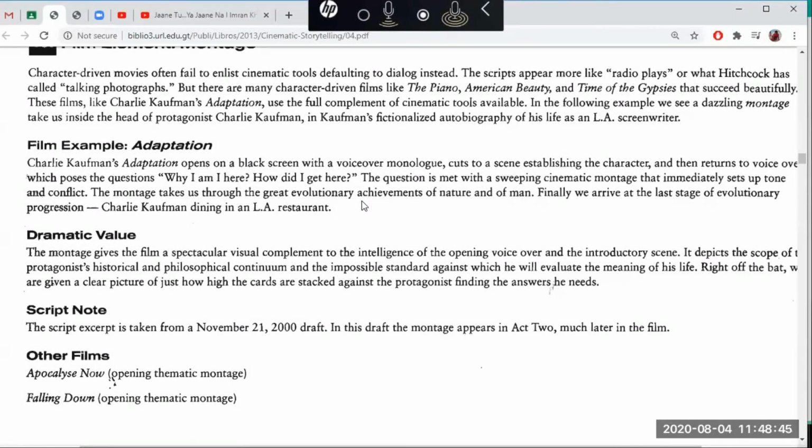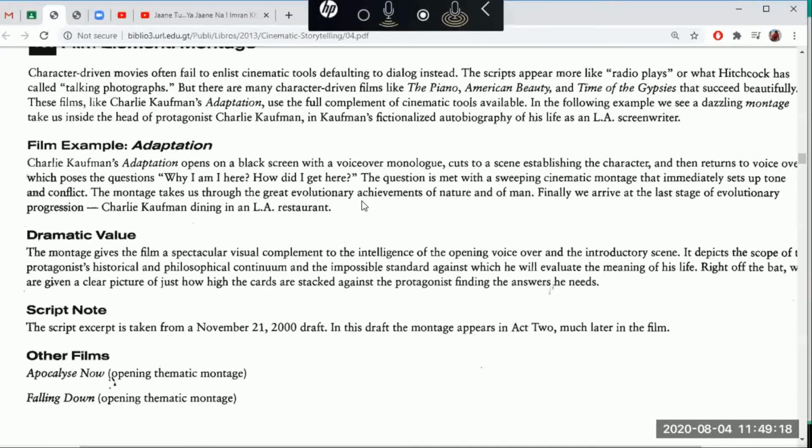Okay, it says that in Adaptation, Kaufman opens it with a black screen with a voiceover monologue. In fact, Citizen Kane also starts with a kind of monologue, and many films do begin with monologue where you start hearing voiceover before you start watching the film. So Kaufman's Adaptation uses a black screen with a voiceover.